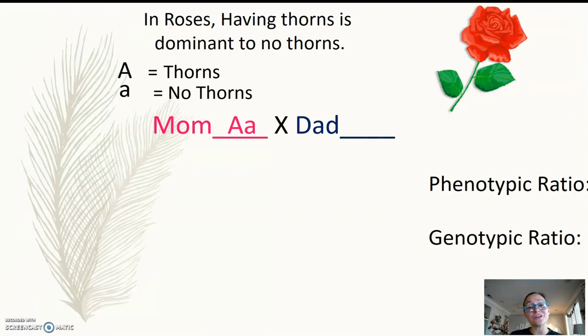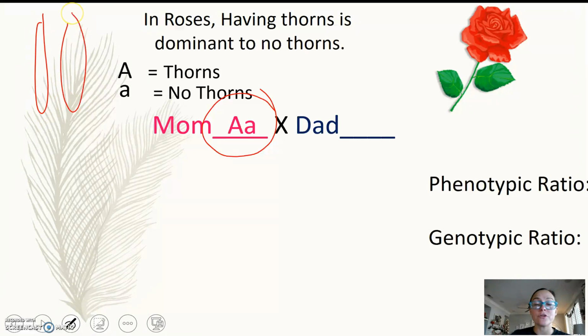And so we can say here, we would call this genotype heterozygous, because this is a capital and a lowercase, so it has two different alleles. On the chromosomes, if I had a chromosome from the mom and a chromosome from the dad, this mom would have a capital A here and a lowercase a here.